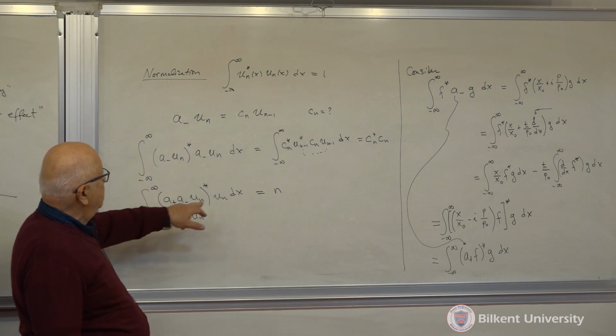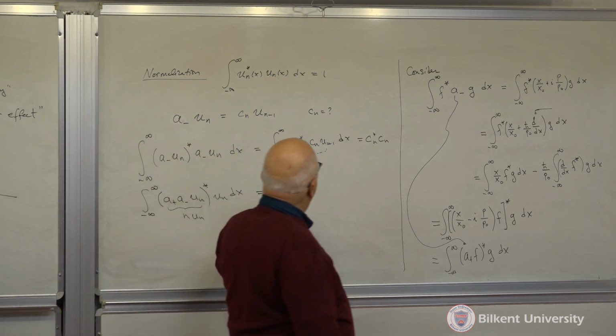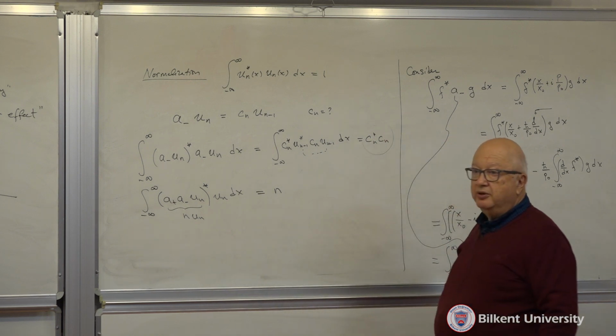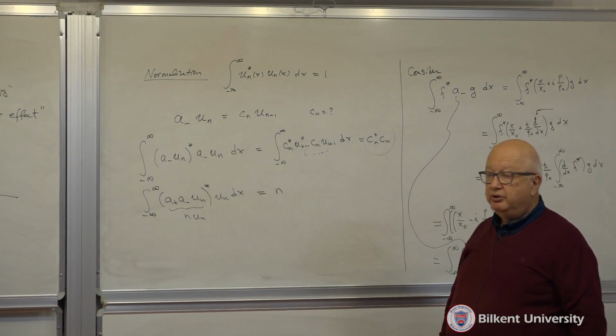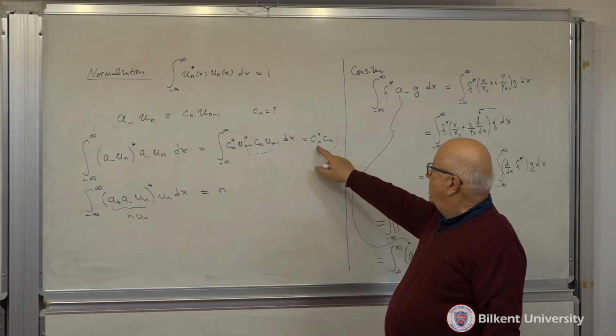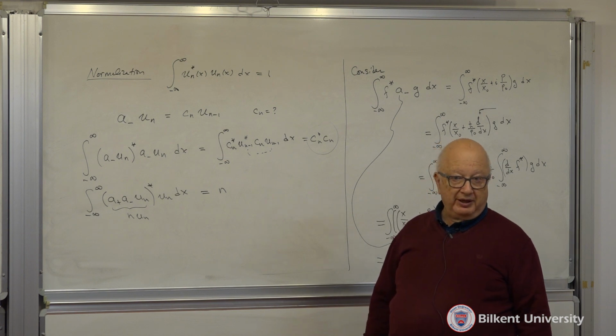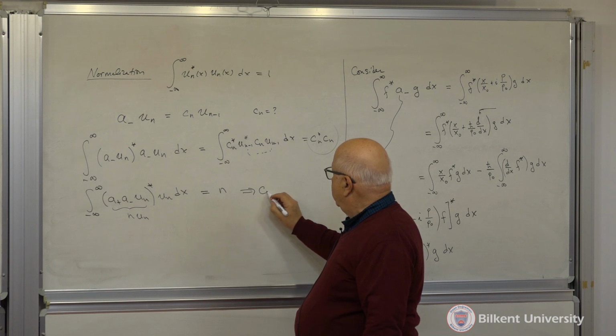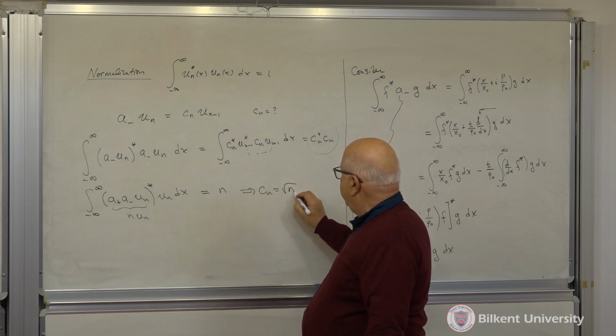Okay, so the left-hand side of the equation becomes n. The right-hand side is Cn star Cn. So we go to this nice convention and assume that the Cn's are all real and positive, in which case Cn is just the square root of n.